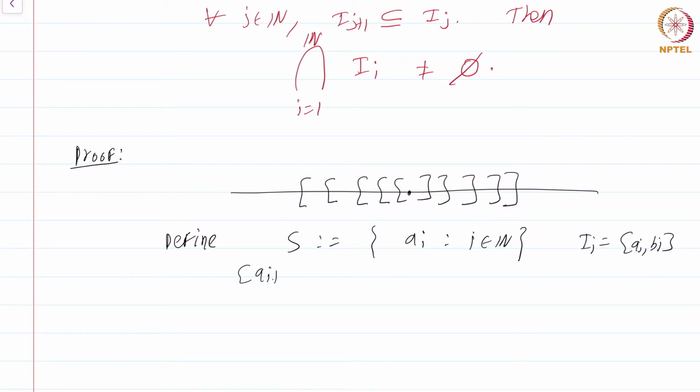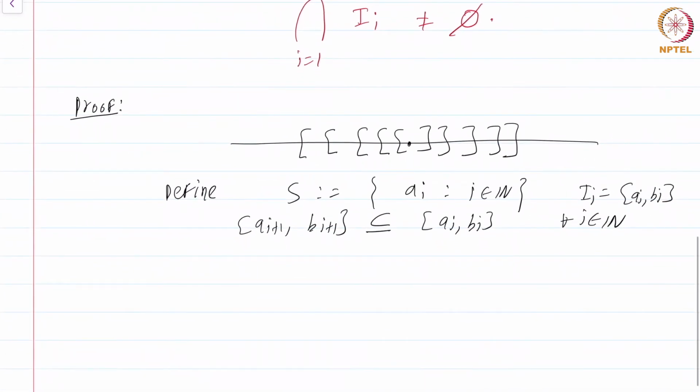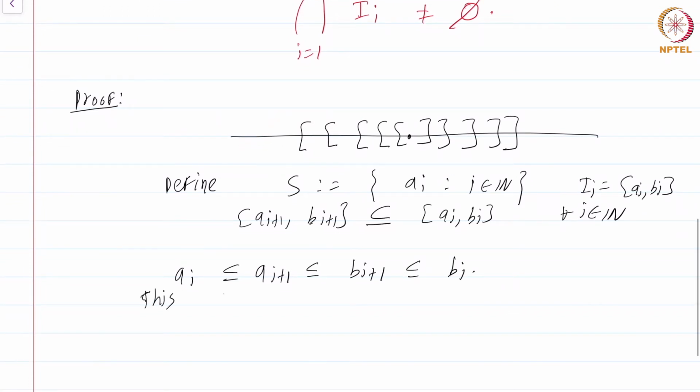Note that because [a_{i+1}, b_{i+1}] is always going to be a subset of [a_i, b_i] for all i in N, it immediately follows that a_{i+1} will dominate a_i, which will be less than or equal to b_{i+1}, which will be less than or equal to b_i. This shows that each b_i is an upper bound for S.